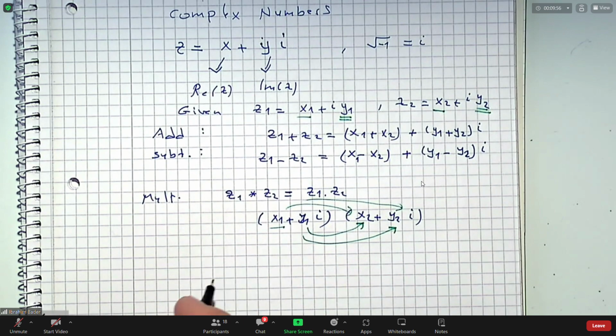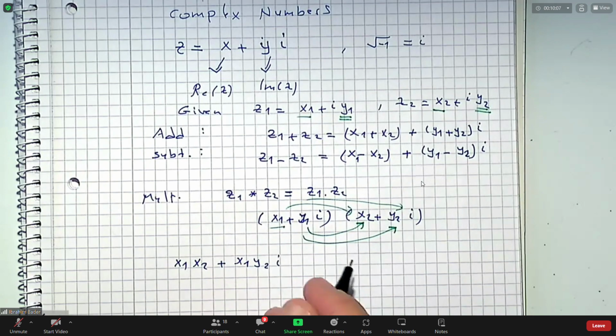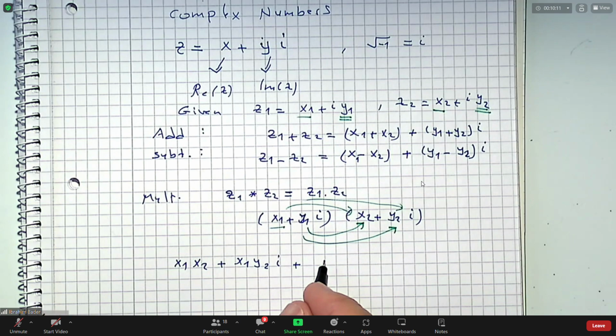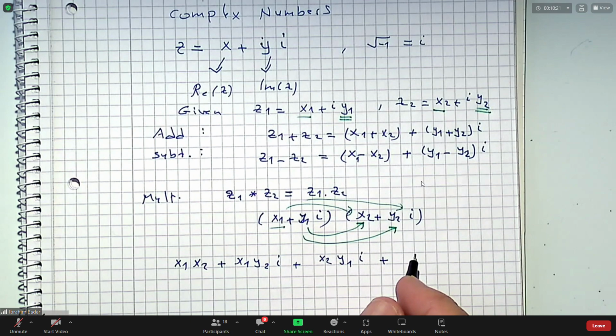Okay, now if I multiply this out, I hope it's clear for everyone from the class that I have here x1 x2, plus x1 y2 i, plus x2 y1 i, and then here this is the special term, if you like.